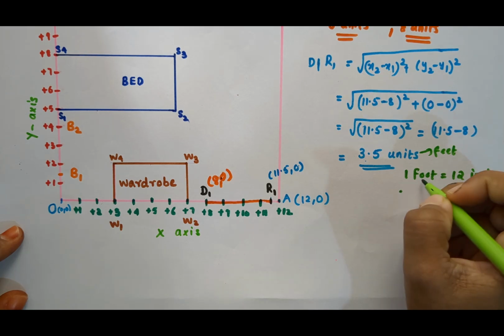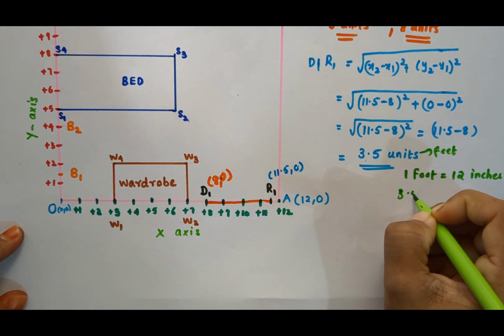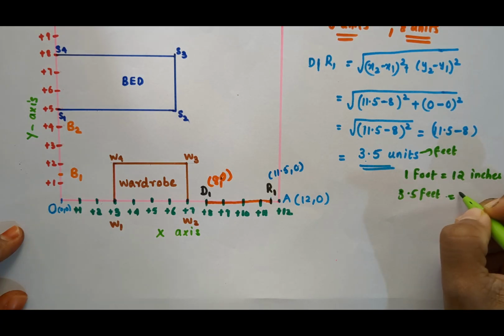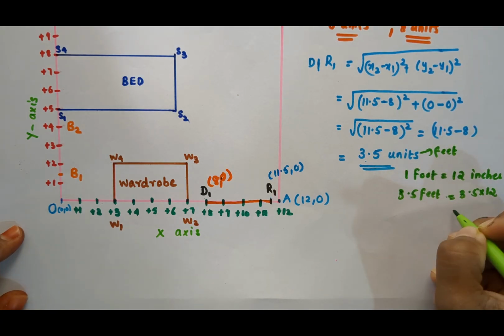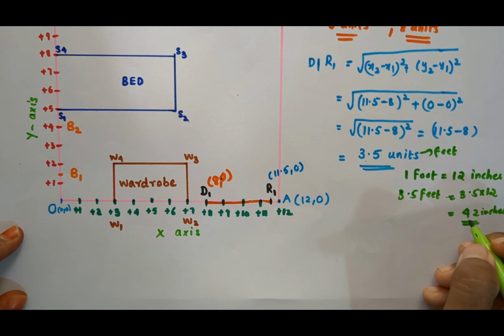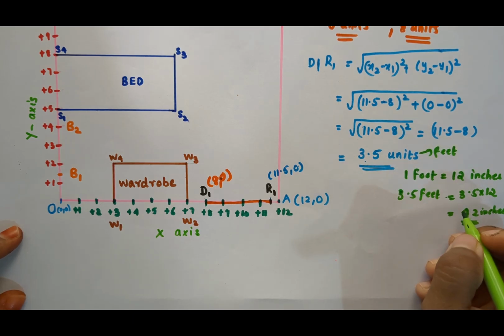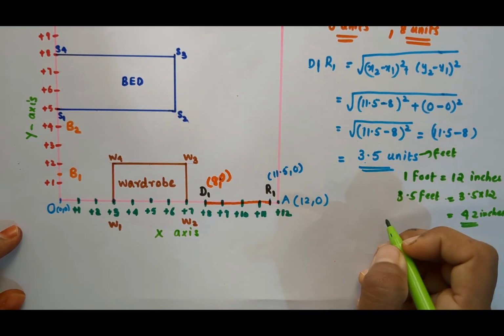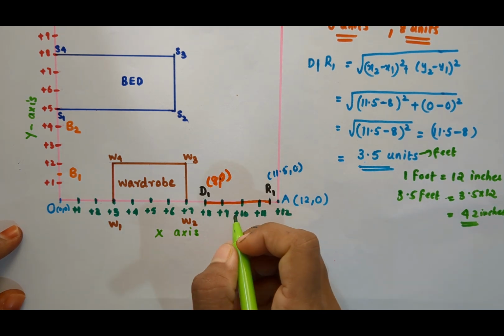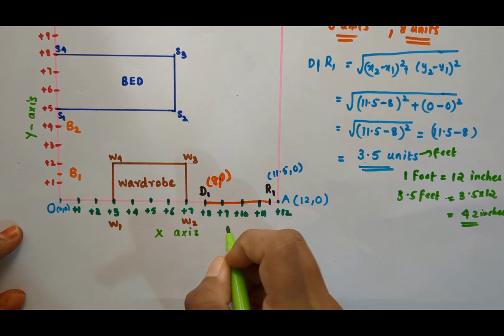So 3.5 feet will be equal to 3.5 into 12, which is approximately 42 inches. So 42 inches is quite comfortable for a room door. So we can consider this width as a comfortable width for the room door.